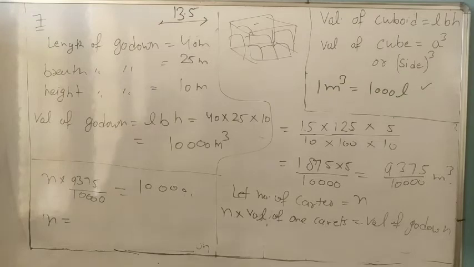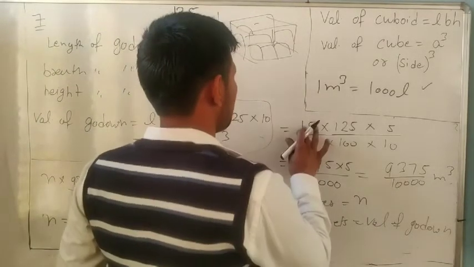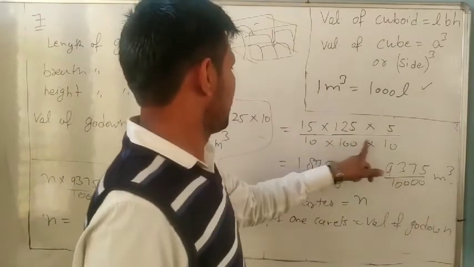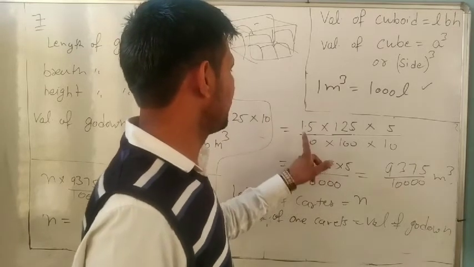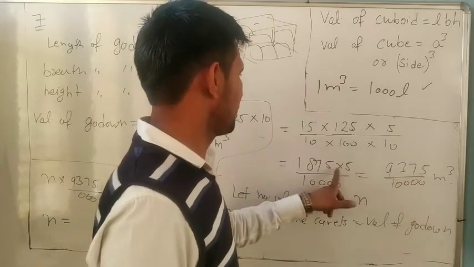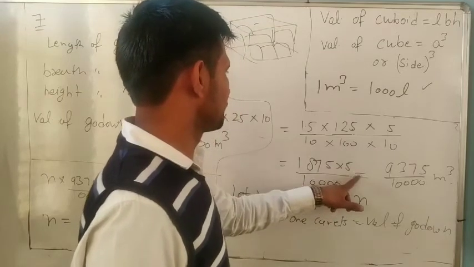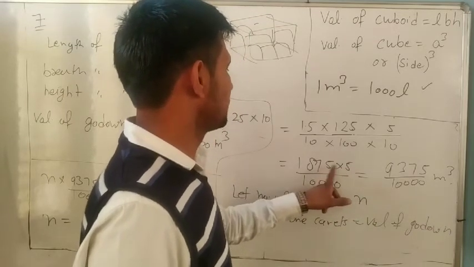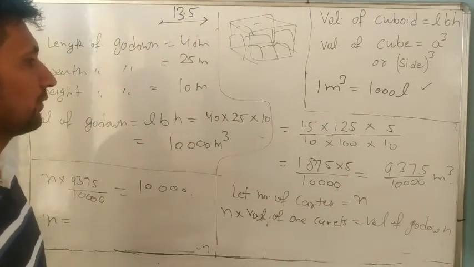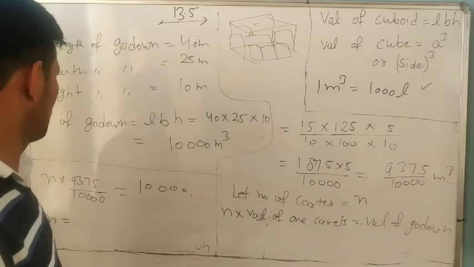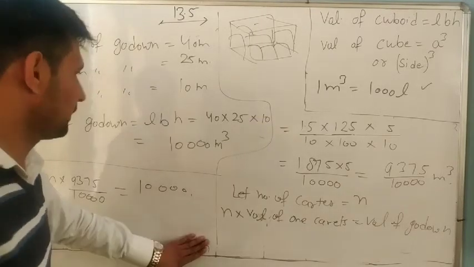So 15 into 1.25, multiply it one time. 15 into 5 is 75, 5 into 5 is 25, 7 into 5 is 35, so we get 9375.